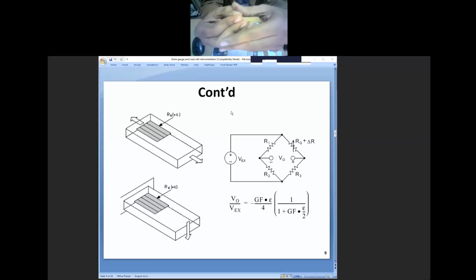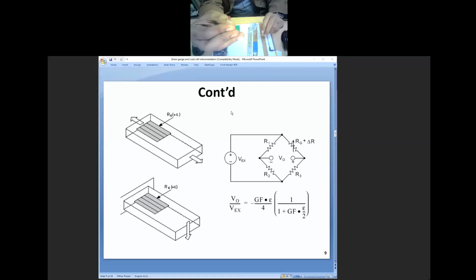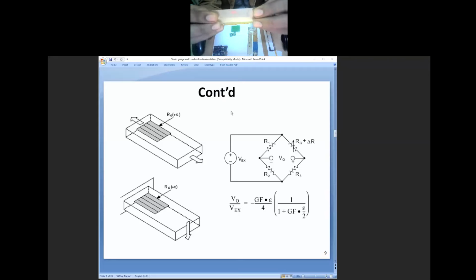Now the strain gauge can only sense axial loading. What do you mean by axial loading? Let's say I put my strain gauge back in its envelope, just to show you the concept. If the direction of the strain gauge is horizontal, it can only sense strain in the horizontal direction.